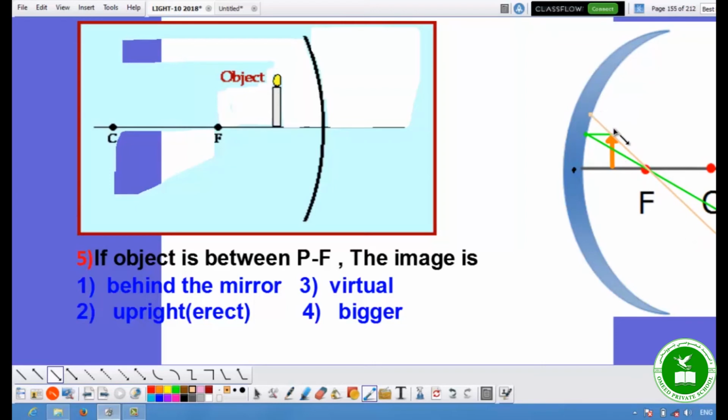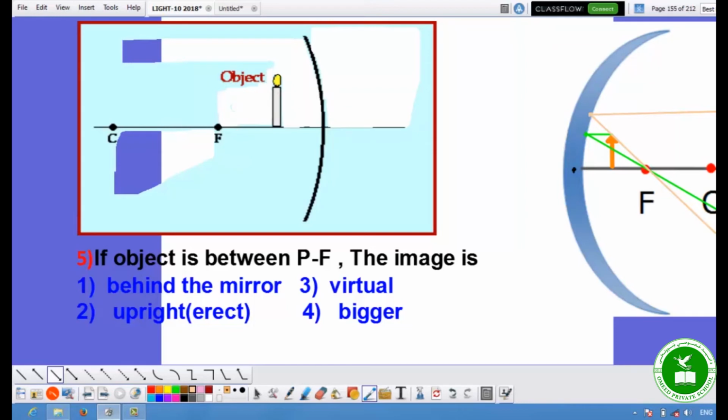You see, the incident ray has struck here, then it will be reflected parallel this side, parallel to the principal axis this way. Now you see this is one reflected ray, this is another reflected ray. They never intersect each other, right? They never intersect. If they do not intersect, there will not be an image.